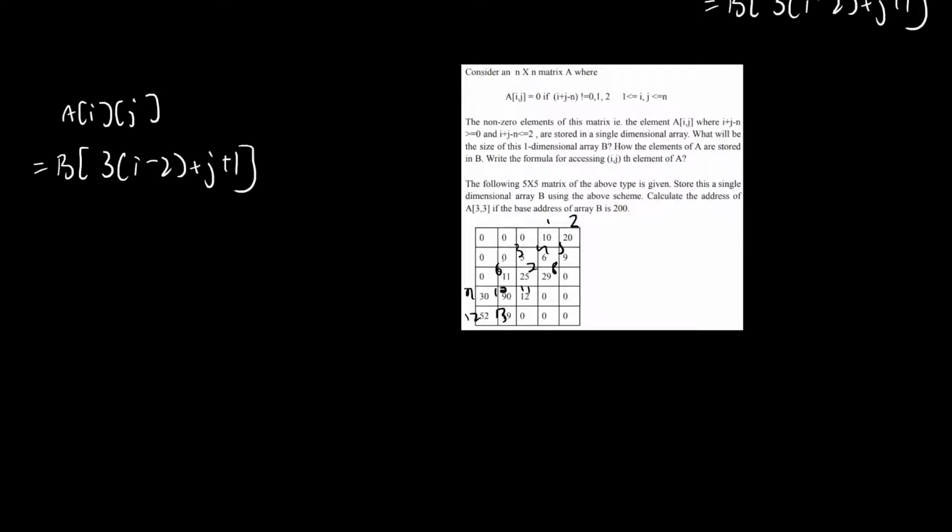Each entry I have marked with the respective element in the matrix. So I'll be checking for A3,3, which is given. A3,3 should come out to be B7, the value should be 6. Let's check if our formula is correct or not.